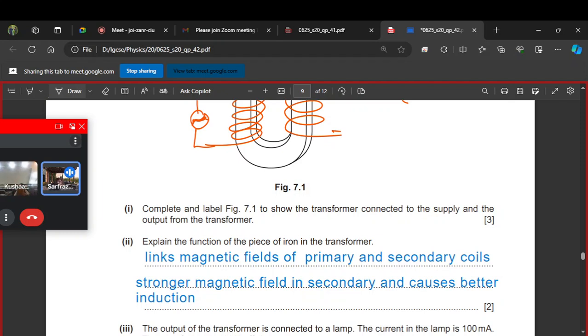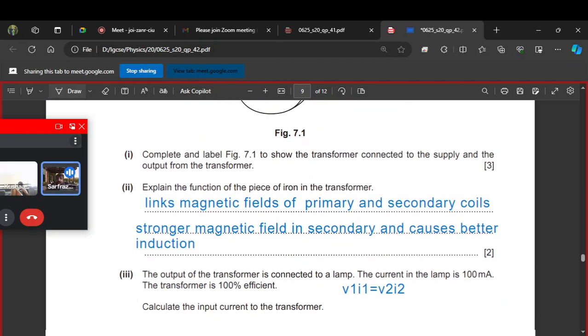Meaning the magnetic field is produced in the primary coil, and the iron is linking this magnetic field with the secondary coil. And in this way, when the magnetic field lines cut the coil in the secondary coil, then electromagnetic induction happens in the secondary coil. Okay, and it causes induction, okay, because it's a conductor.